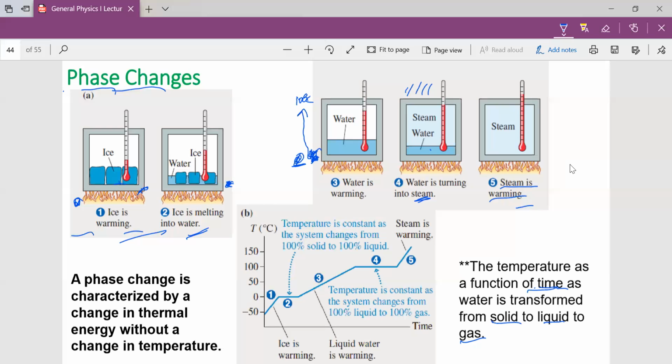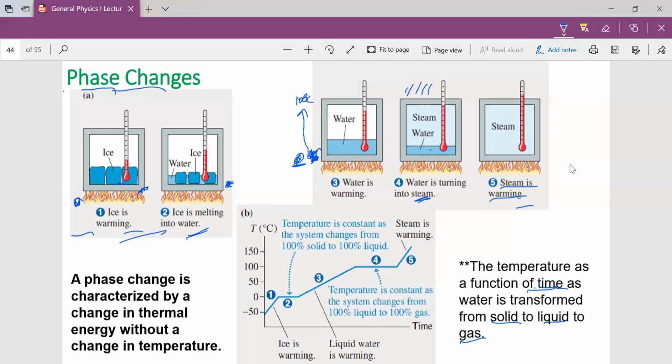Then we have a temperature whereby the liquid and the solid at the melting point are at the same temperature, the zero, as we see in image 2. At that point, we have what we call phase equilibrium.